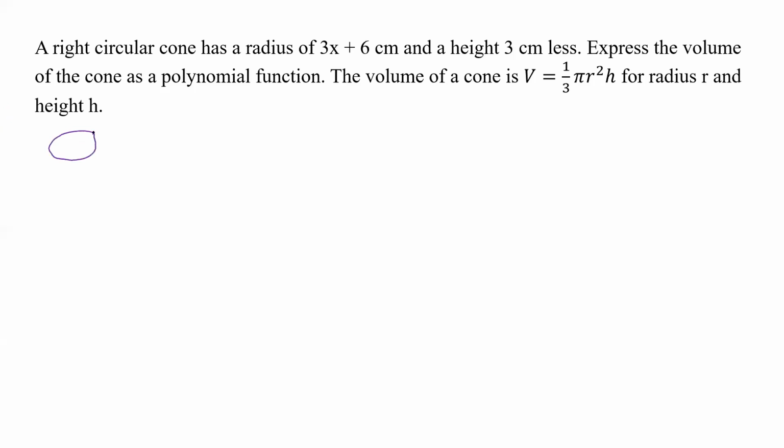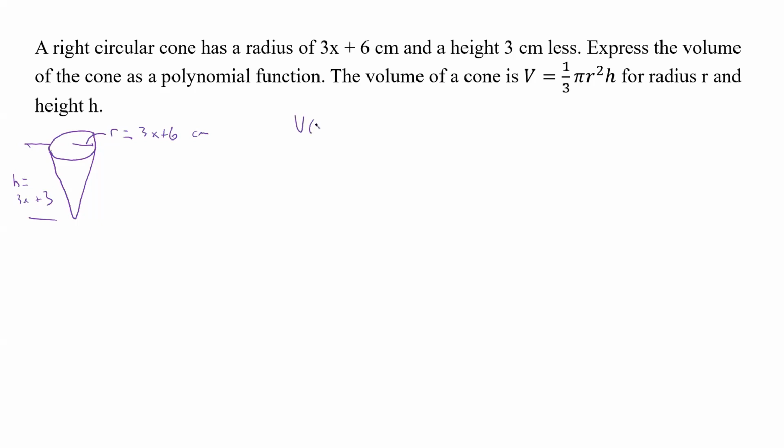So we have some cone, and so this is going to be r equals 3x plus 6, and that's in centimeters. And then we have this height, h, and that's equal to 3x plus 3, because it's 3 centimeters less than that. So now we just plug everything in.